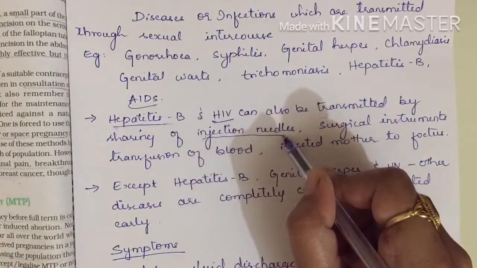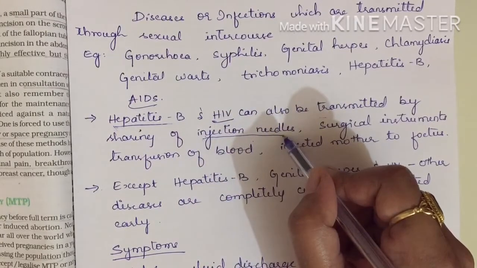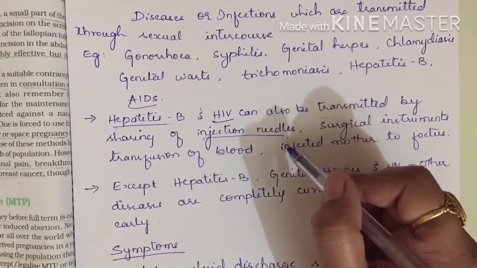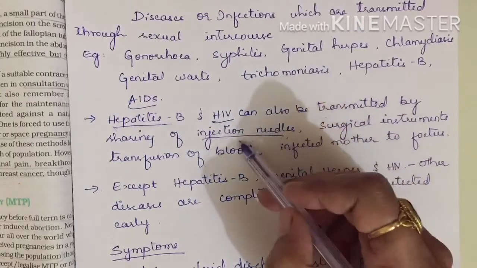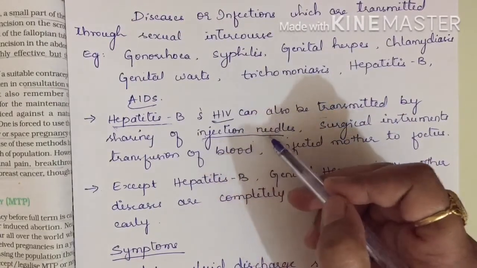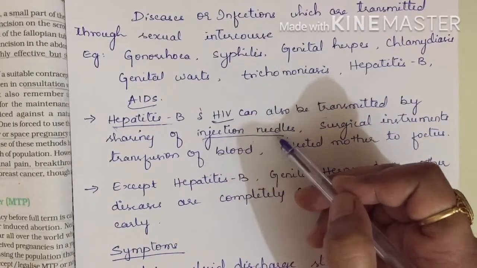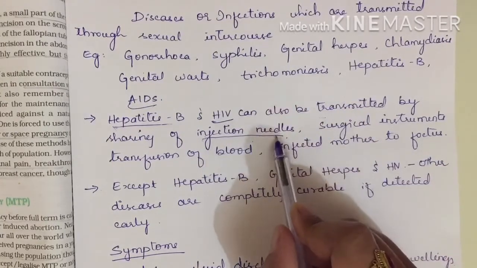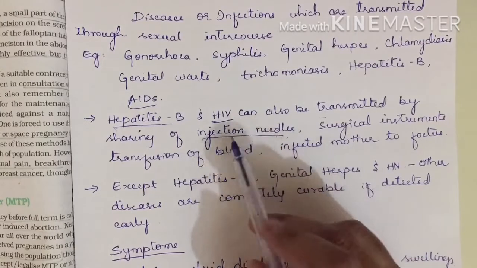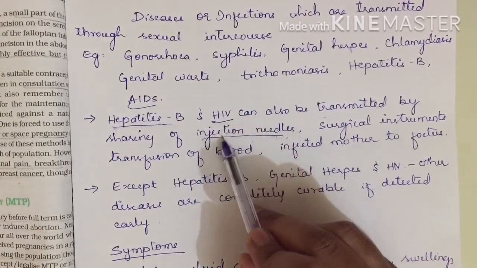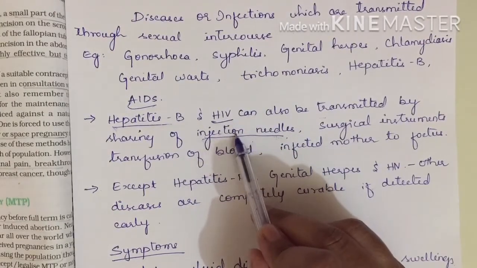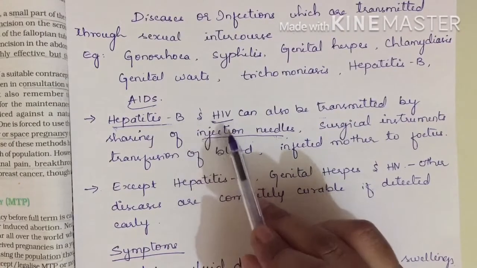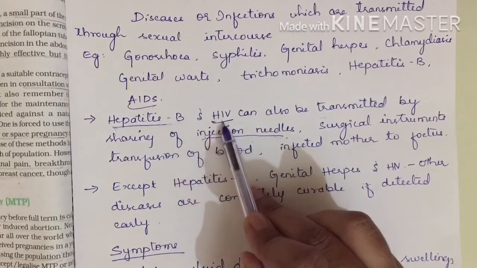As you know, nowadays the needles used in injections are not reused; unused syringes and unused needles are used, which helps us stay away from the diseases. But if a used needle of an infected person is used, then definitely these diseases, hepatitis B and HIV, can be transmitted.